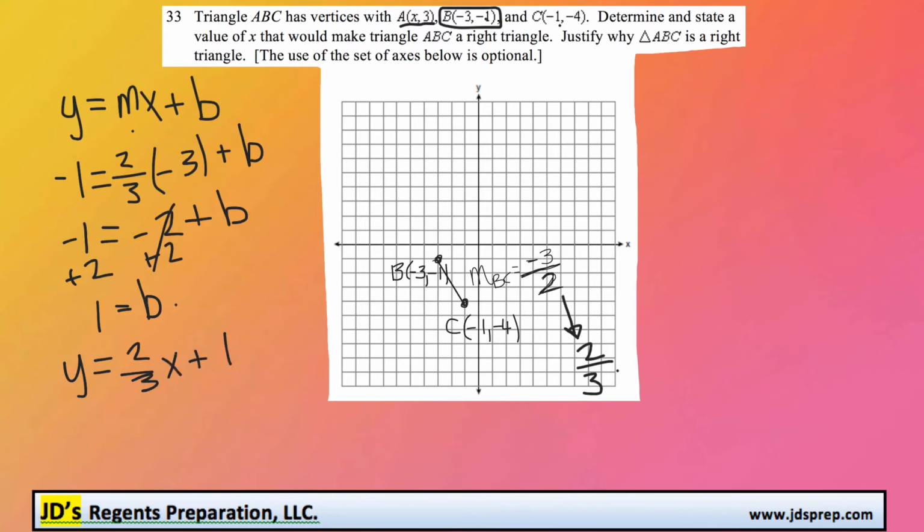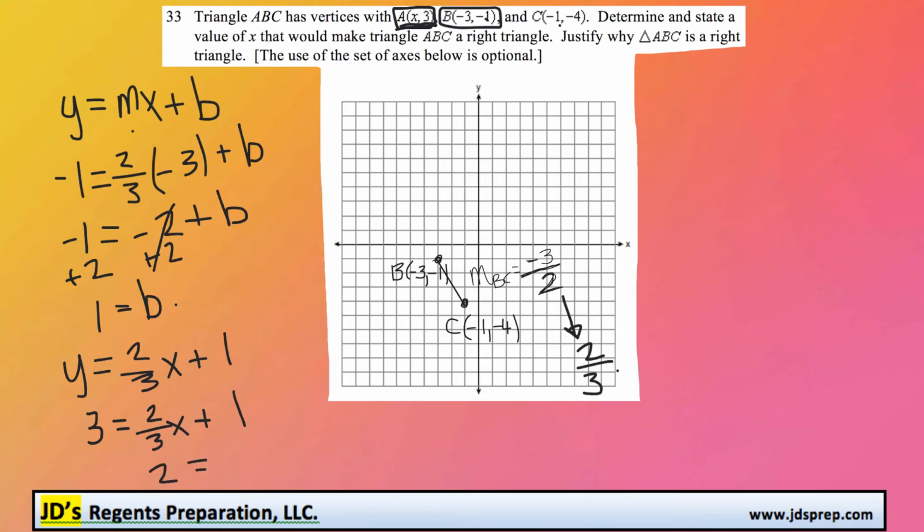Now, to find our point A, we know it has a y-coordinate of 3. So we can replace y with 3 and solve for x to get the point A. So let's go ahead and do that. I'm going to replace y with 3 and solve for x. I would subtract 1 from both sides.